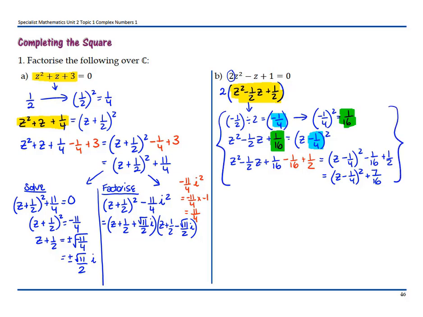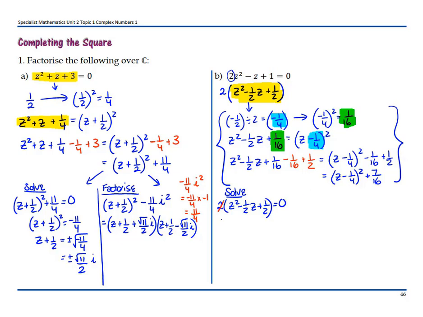I now have to come back to what my problem was. If I was solving, I would have 2 bracket z squared minus a half z plus a half equals 0, and I can get rid of the 2 because I can divide both sides by 2.